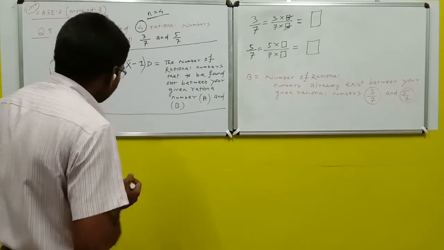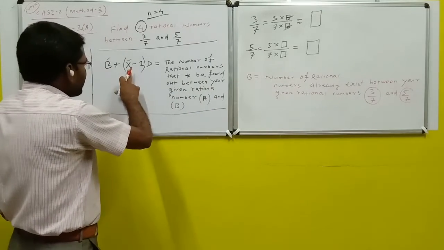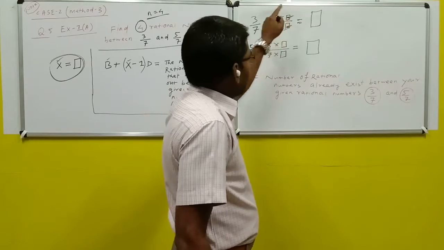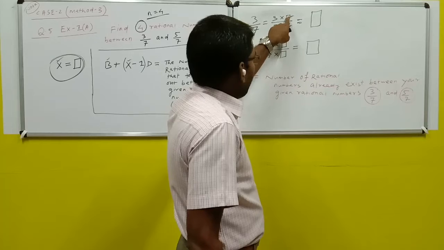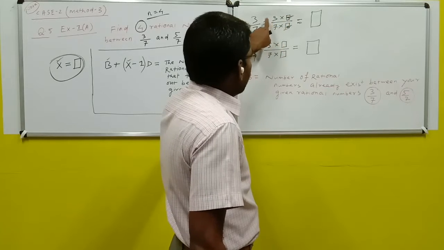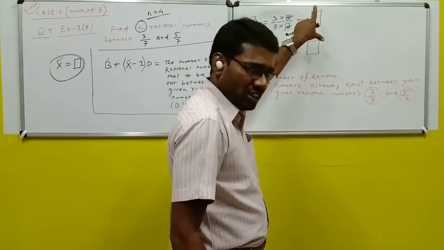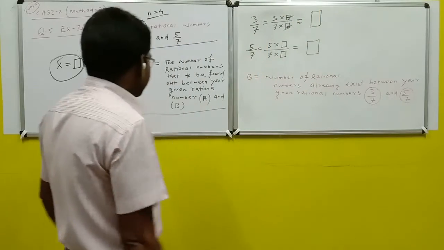Similarly, what does x indicate? x indicates the suitable number that you will multiply by the numerator and denominator of each rational number to find out their equivalent rational number. So it is x.